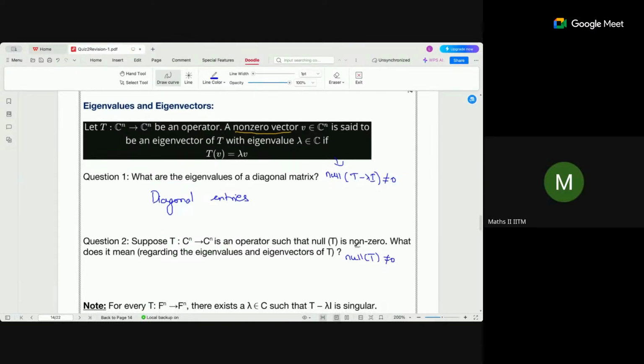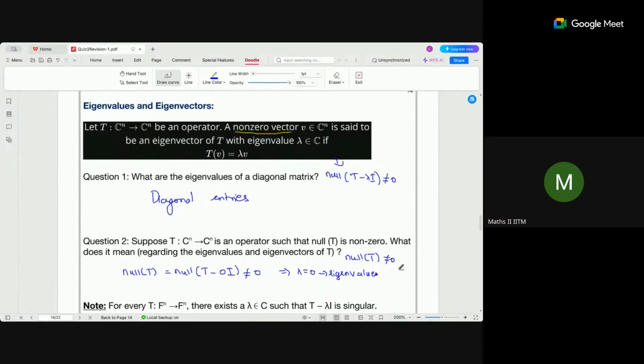No. See, null of T is nothing but null of T minus 0I. This is non-zero. So this means your lambda is 0. So you have 0 as an eigenvalue and you have some eigenvectors here.